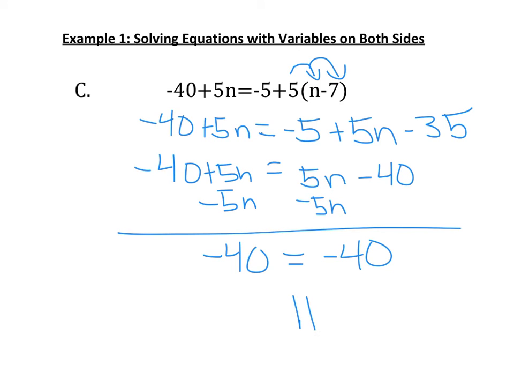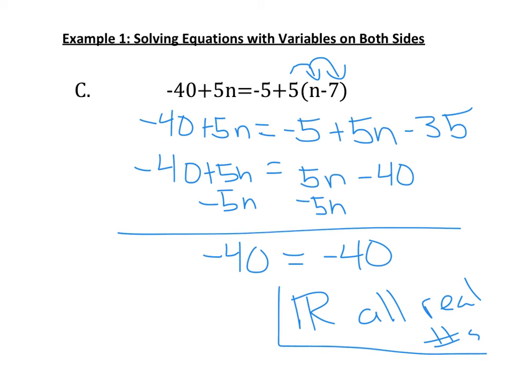So this is going to be one where a lot of times you will see this symbol that means all real numbers. And what this really means is, if it's saying all real numbers, you will have many or infinite solutions. Basically saying we could put whatever number we want, and the equation is always true.